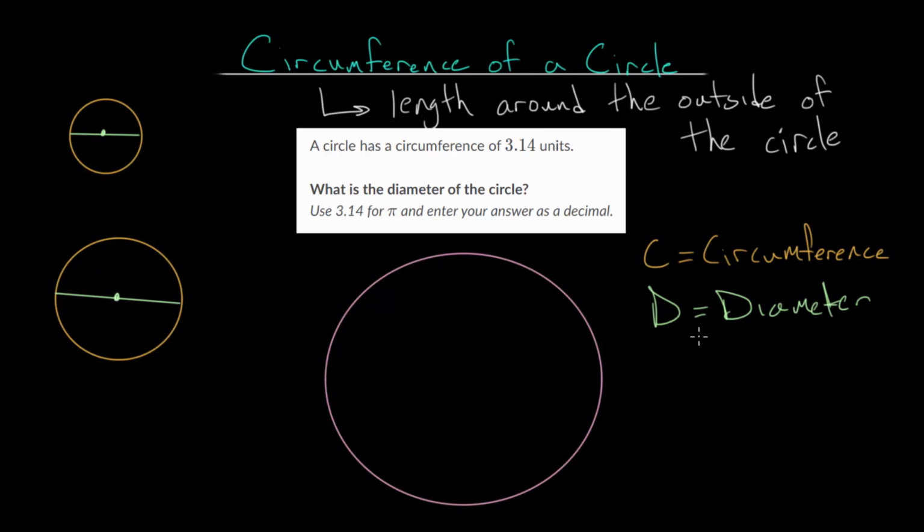And if we take the circumference and divide it by the diameter, no matter what the size of the circle is, this is always equal to the number pi. And remember, pi is that special irrational number, or a lot of people refer to it as the circle number.